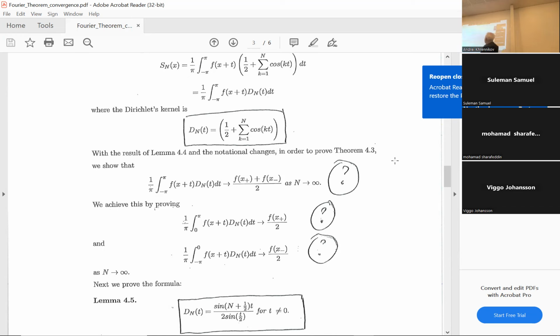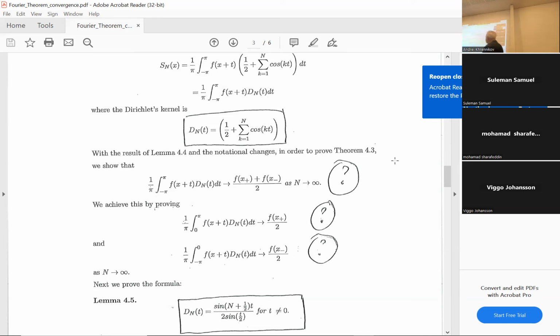This is more or less the formulation of our theorem. Moreover, this theorem in fact has 2 blocks. The integral from 0 to pi goes to this, and the integral from minus pi to 0 goes to this. It's again a question.